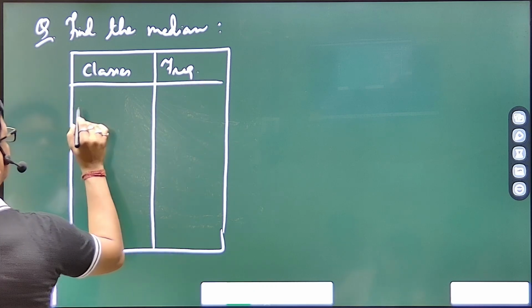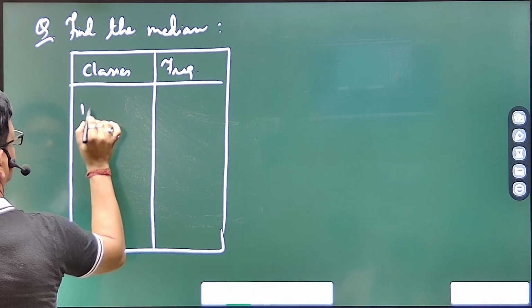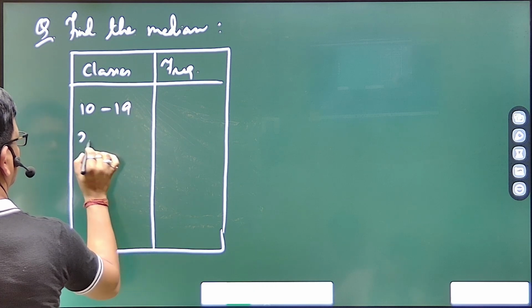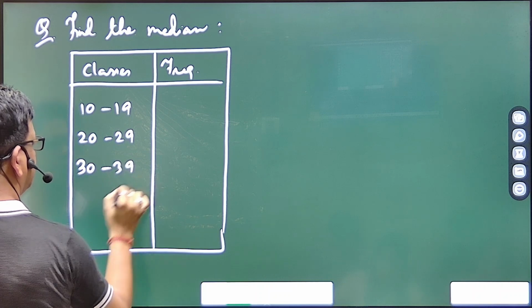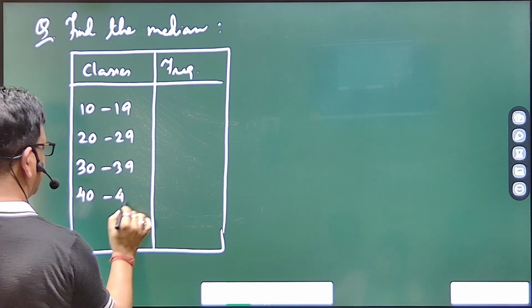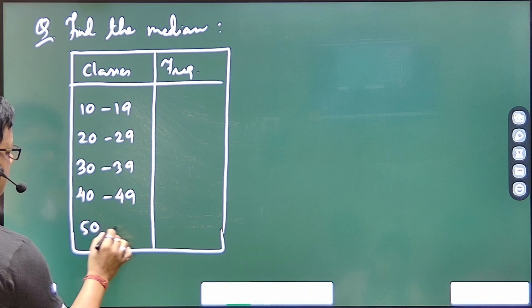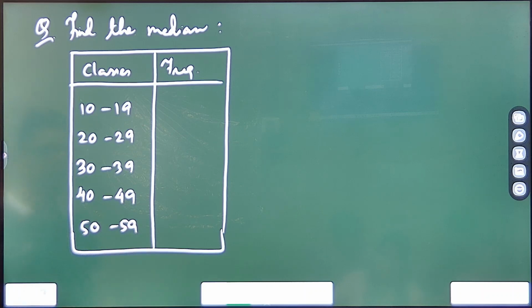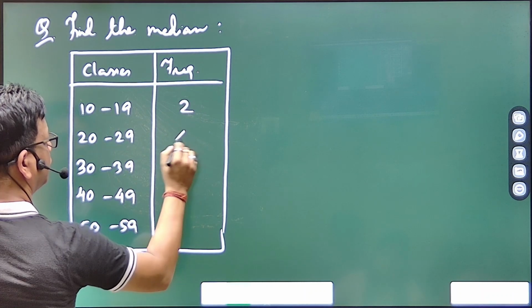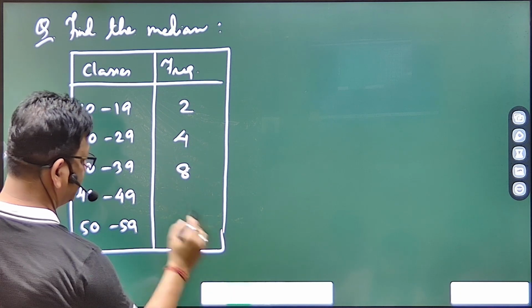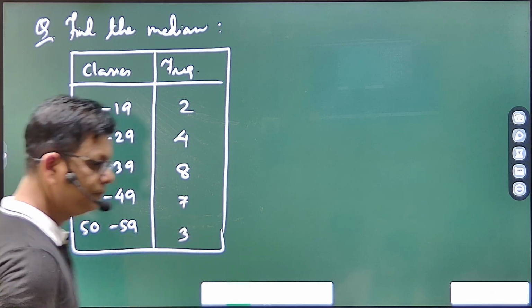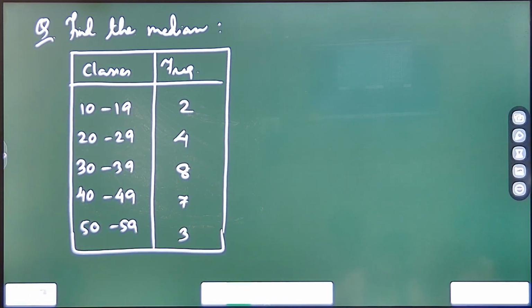Now supposing this is 10 to 19, 20 to 29, 30 to 39, 40 to 49, and 50 to 59. Initially, what you should do, I think you are aware of that. This is 2, 4. Very easy example I have given so that you all can try. This is suppose 7, and here suppose 3.